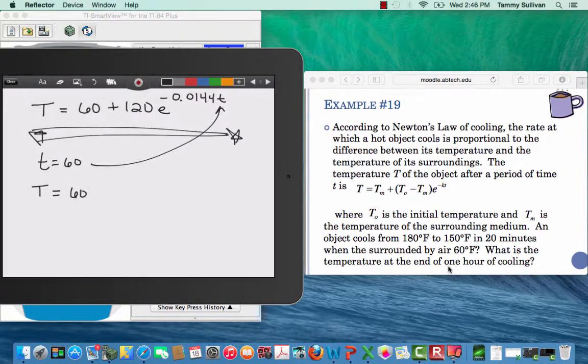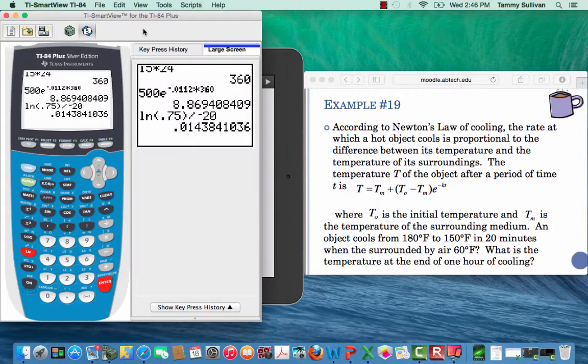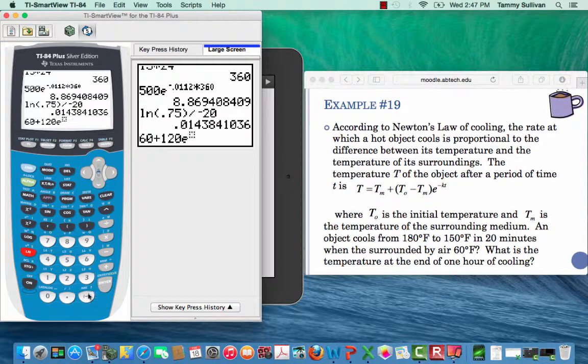So my temperature at the end of 1 hour, I can plug that into the calculator. So I have 60 plus 120 e to the negative, that k value I found, times 60.